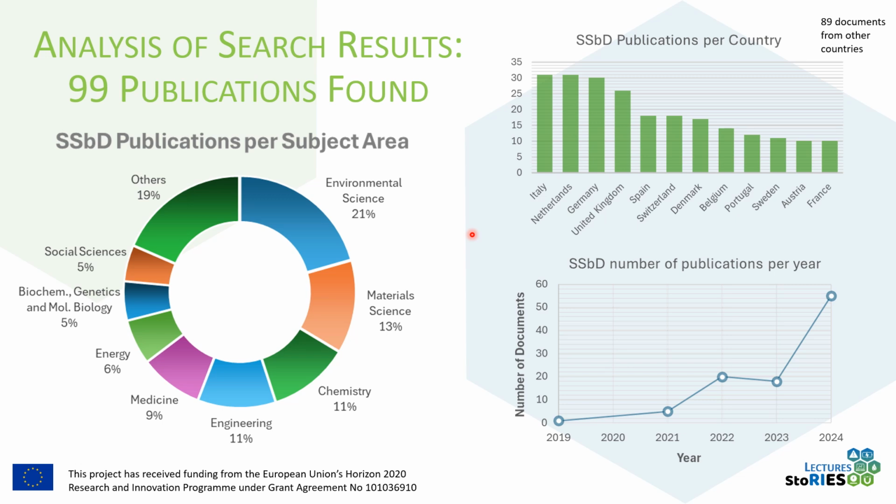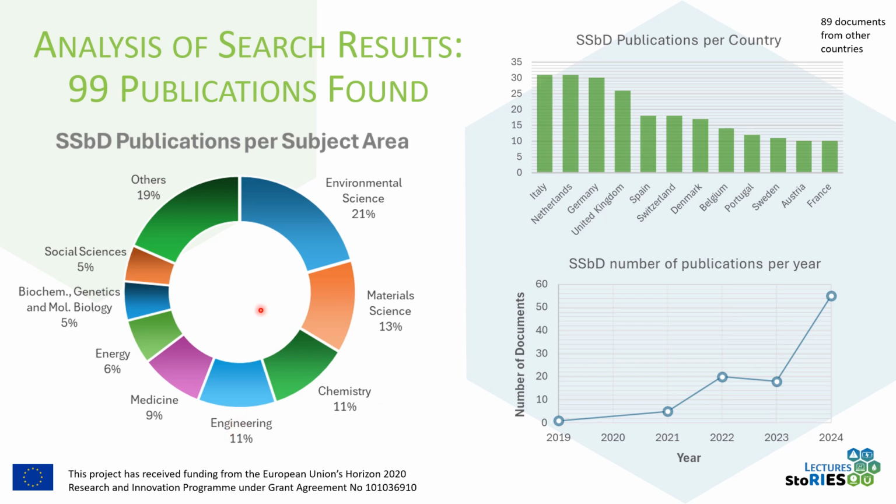But what is probably more important for the aim of this lesson is how these publications are segmented per discipline or subject area. The main subject area regards environmental science in a broad sense. And second, not surprisingly, 13% of publications refer to material science, and then 11% refer to chemistry or engineering.